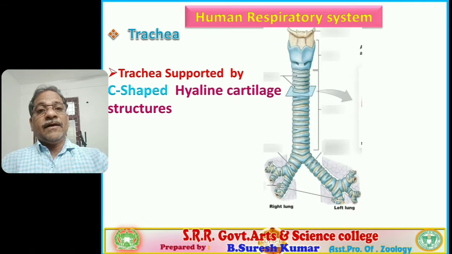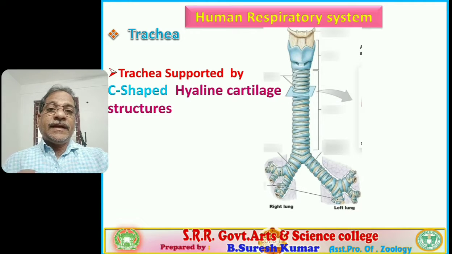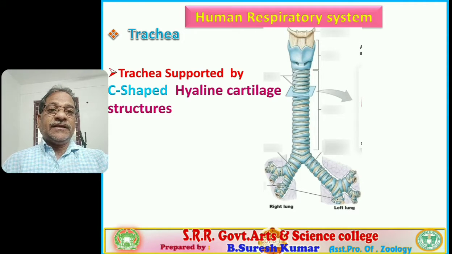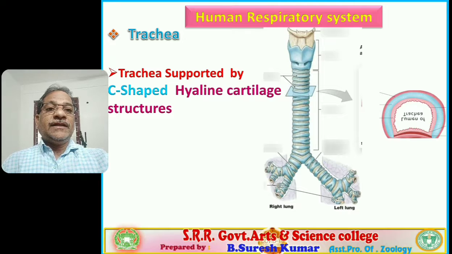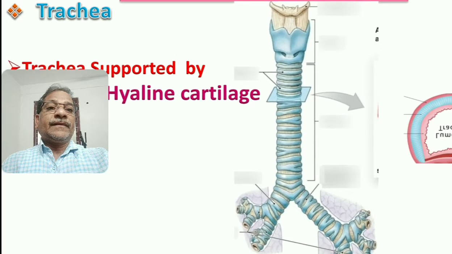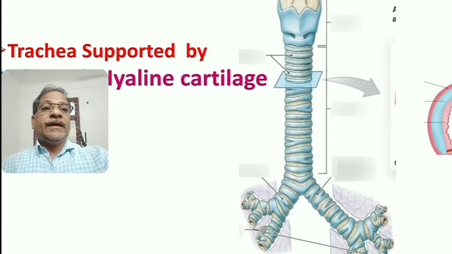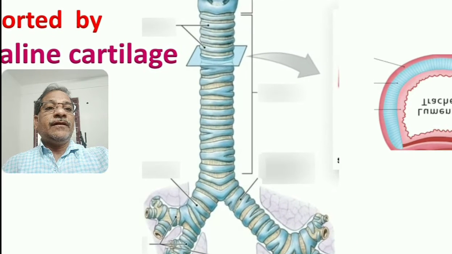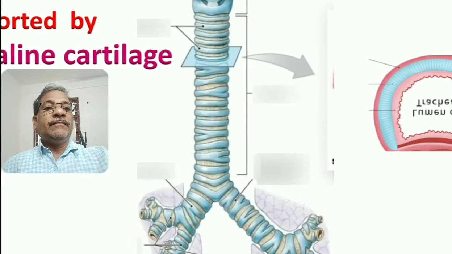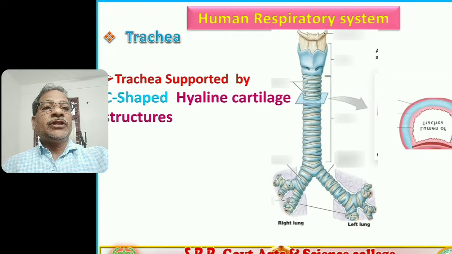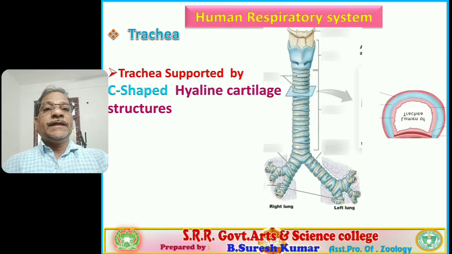Next, one more piece of information: the tracheal wall is also supported by C-shaped hyaline cartilage structures. You observe this visual. With the slide, it is earmarked, and you observe this section, the blue colored C-shaped hyaline cartilage structures associated with the wall of the trachea.